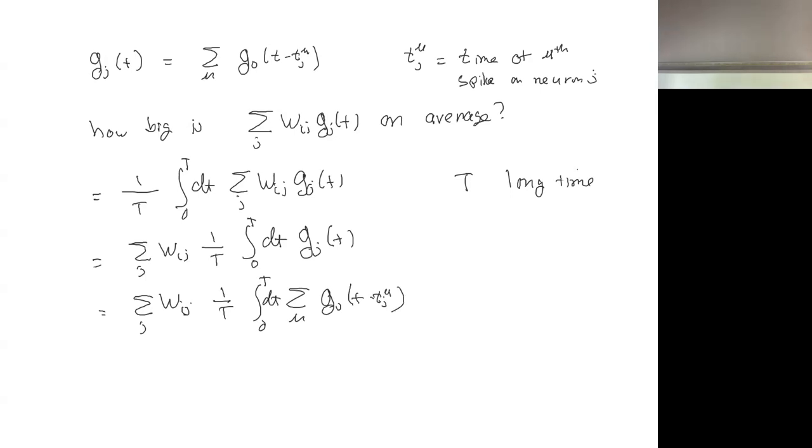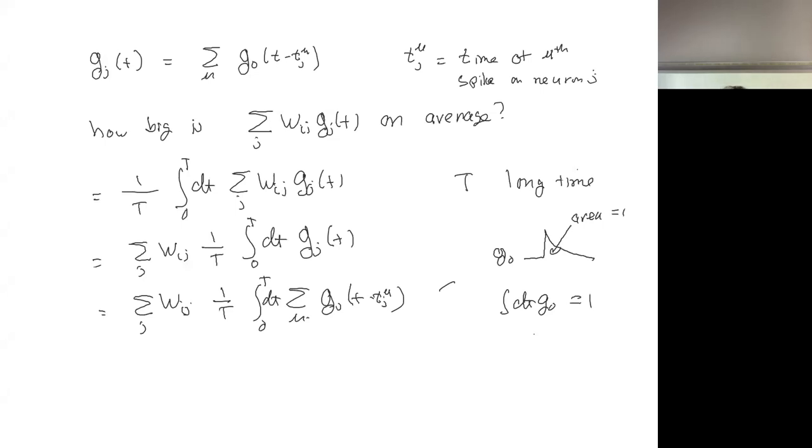Okay. And basically G0 is just something that goes up and comes down. So G0 as a function of t goes up and comes down, and we're going to choose it so the area equals 1. So the integral dt of G0 equals 1. So every time there's a spike, this integrates to 1.